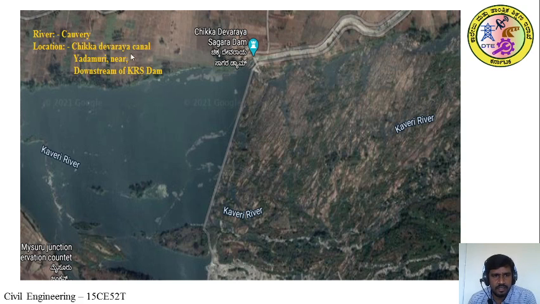The location is the Chikkadevaraya Canal, that is the Chikkadevaraya cross drainage work. As per the record, this was built 300 years ago by the king of Mysore, Chikkadevaraya. And this place is near Edmuri. This is downstream of the KRS dam, nearer to the KRS dam.